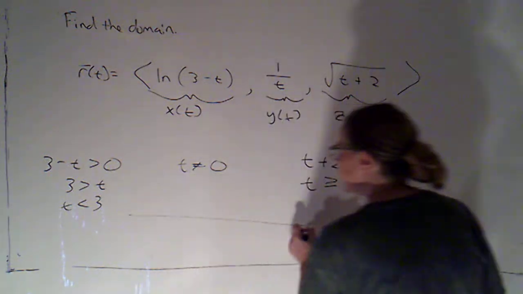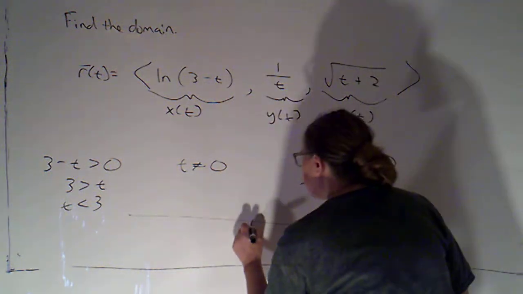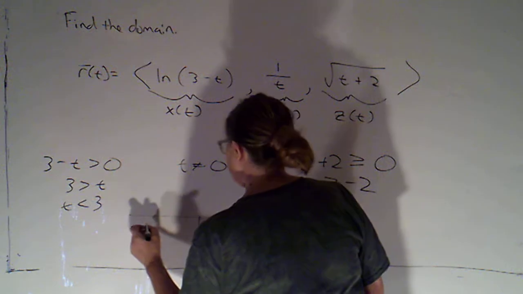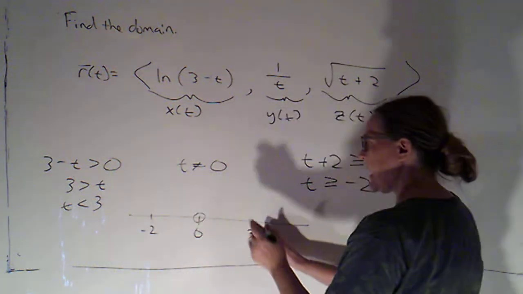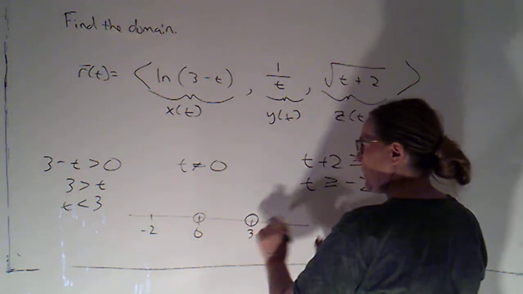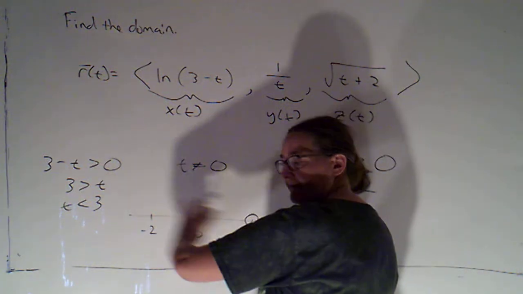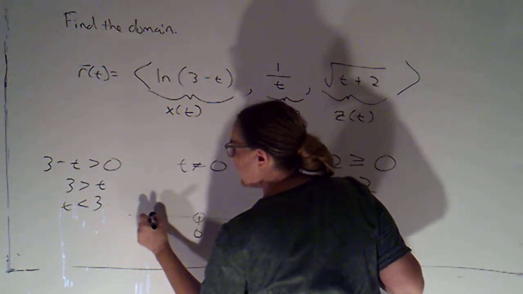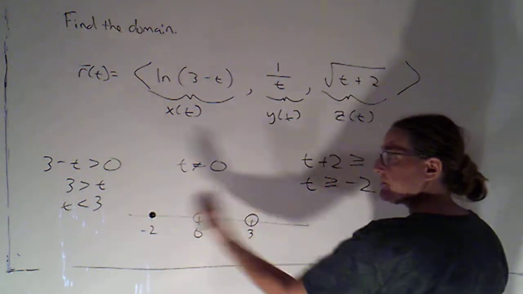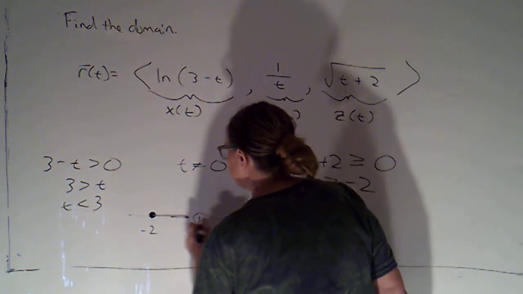I'm just going to plot a number line here. So we've got 3, 0, and -2 are the important numbers. We can't have 0. We've got to be less than 3, so that won't include 3, but will include things to the left of 3. And we've got to be bigger than or equal to -2, so that includes -2 and stuff to the right of -2.